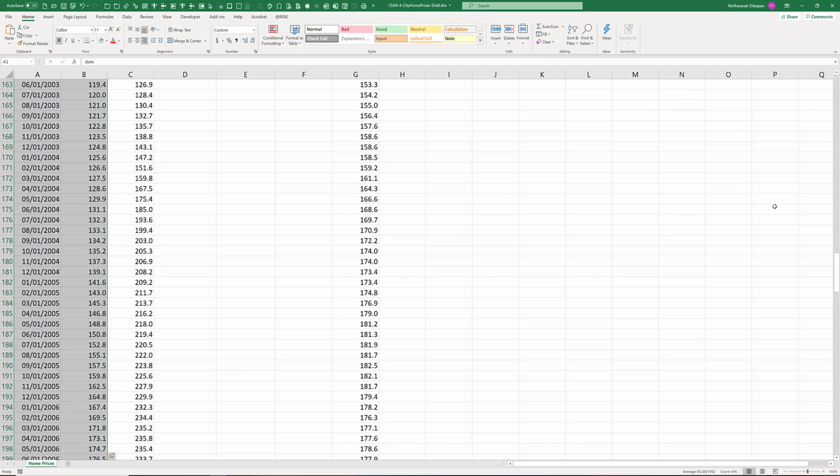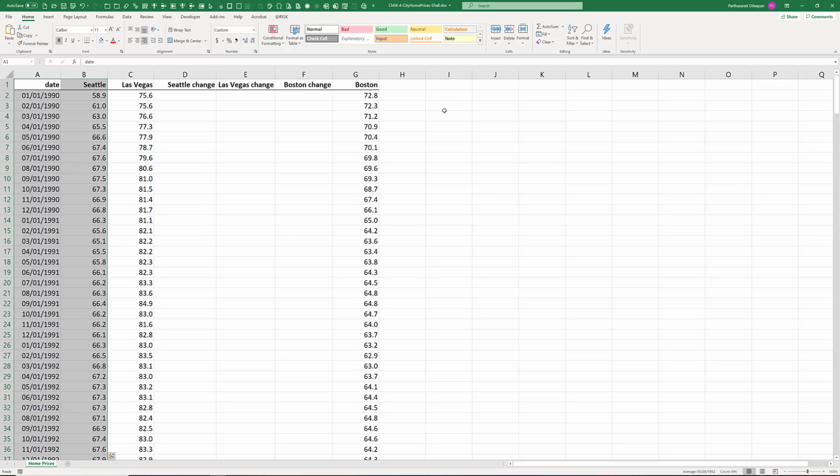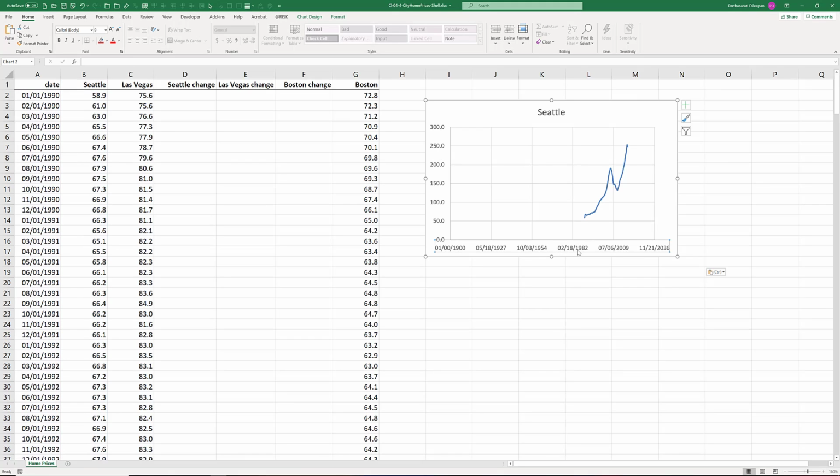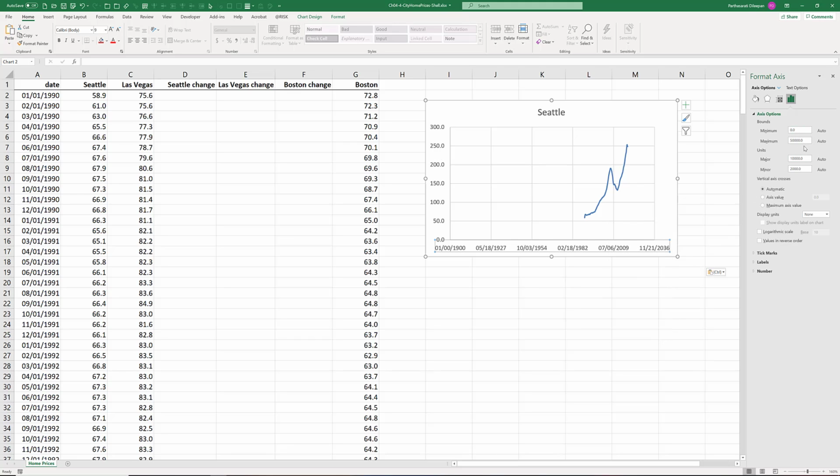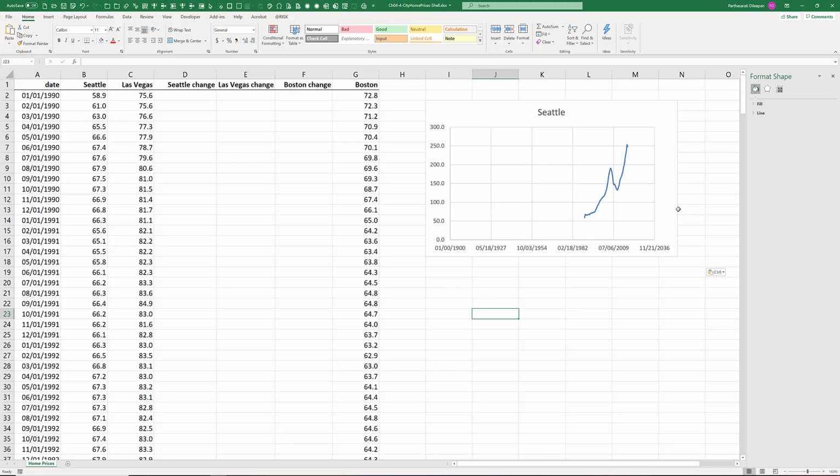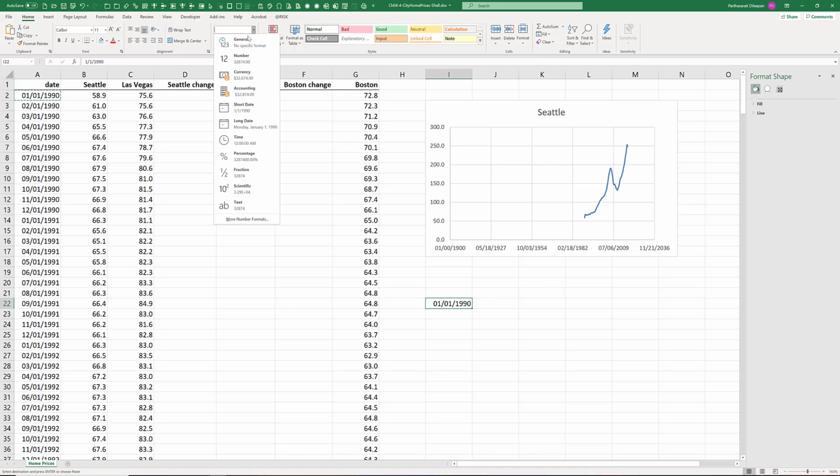So let's move this to the top. Okay, so let's format the x-axis to go from 1/1/1990 to November 1, 2018, and for that we have to format axis and enter valid numbers for these. So here the way to get the numbers is you take this date and put it here and change the format to general.